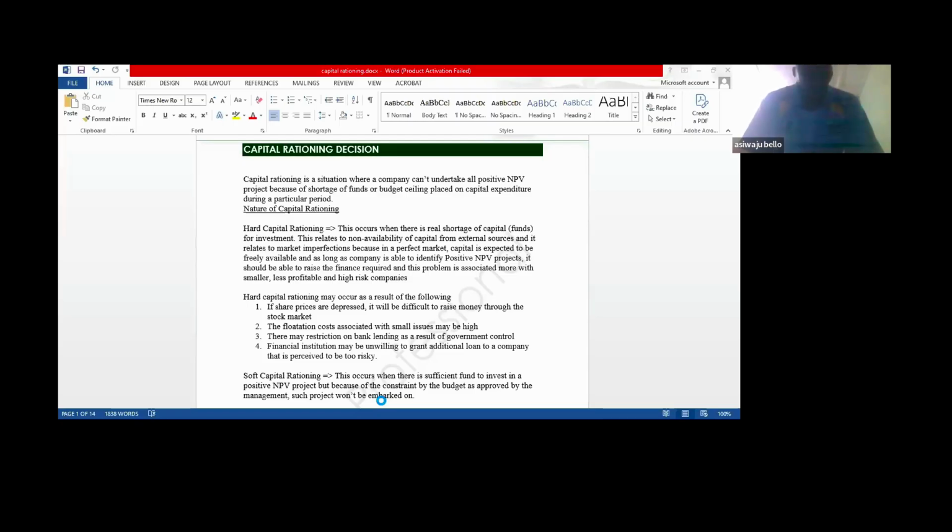Hard capital rationing occurs where there is real shortage of capital, where there is real shortage of funds for investment purposes.